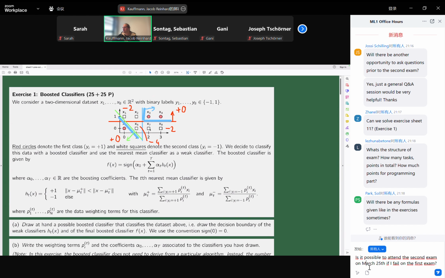Will there be any formulas given, like in the exercises sometimes? Yes, yes. Usually you're given some formulas that you already know, and then you're supposed to apply, for example, maximum likelihood to it.